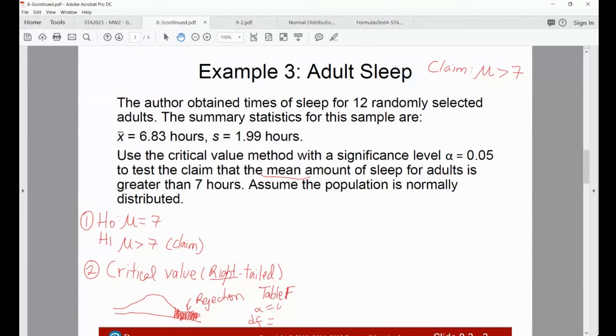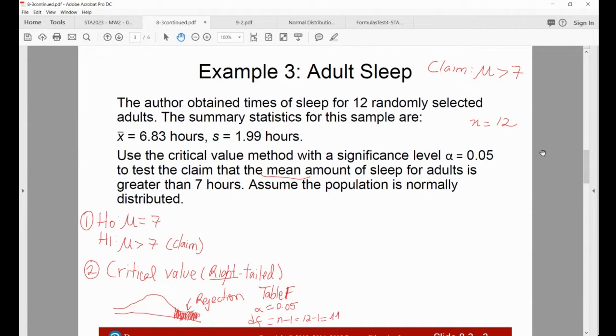Alpha is 0.05, and the degrees of freedom are n minus 1, so the sample size minus 1. What's the value of n? N is 12. So df will be 12 minus 1, and that is 11.